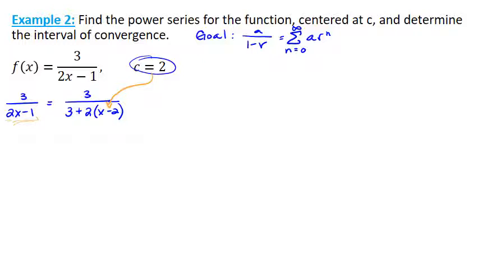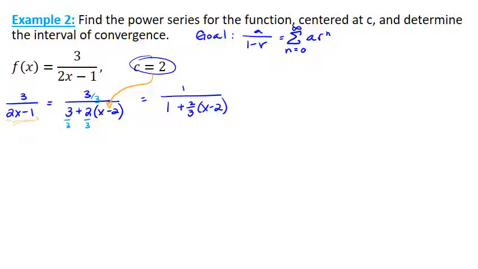Okay, so this is getting me closer to what I need, but now remember I need this to be a 1, so I'm going to divide everything by a 3 to make that happen. When I do that, 3 over 3 on the top gives me 1. This gives me 1 plus 2/3 times x minus 2.